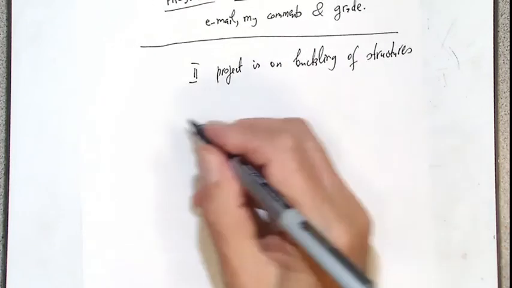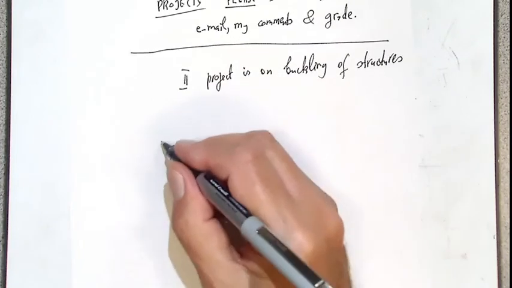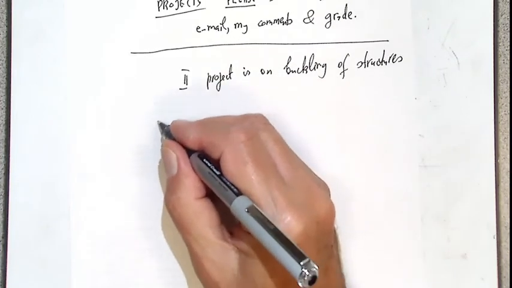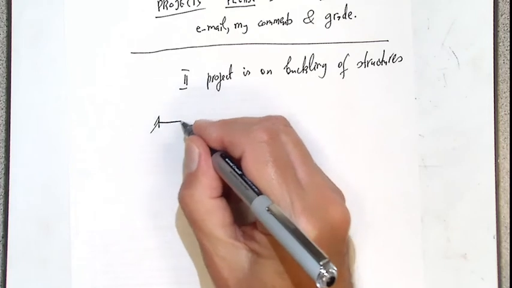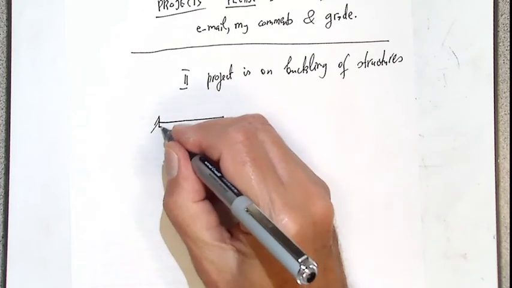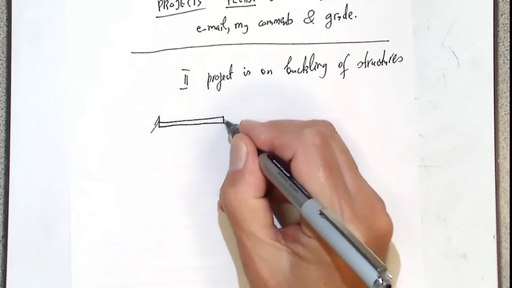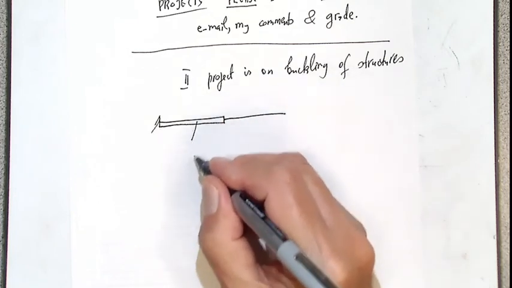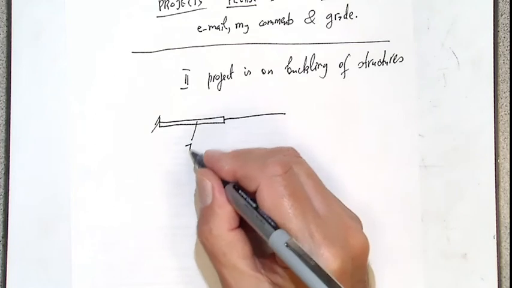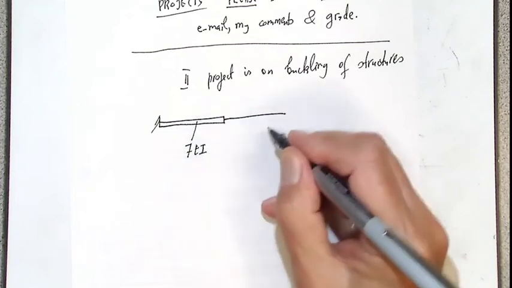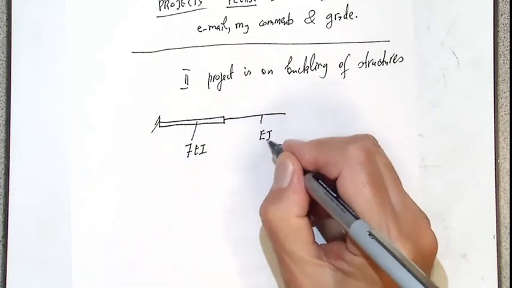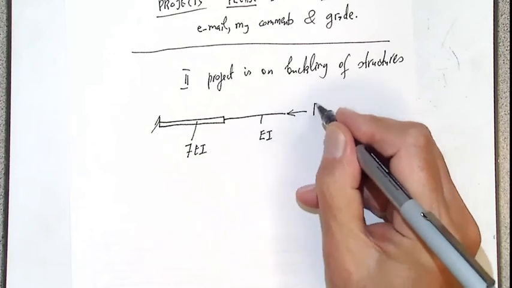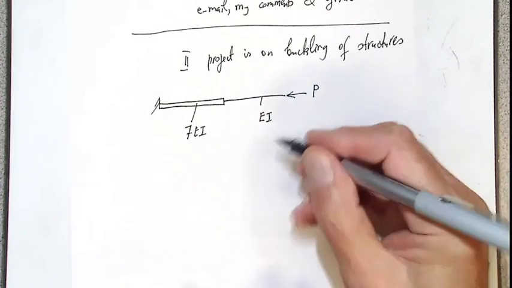Now, pay attention, just some comments. There will be problems like this. For example, clamped, simply supported and free, for example. And this is, let us say 7 EI, and that is EI. And that is a load P. That will be in the project, one of them.